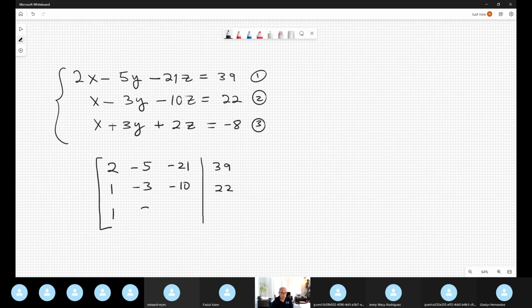Then 1, 3 positive, 2. Be careful with the sign. If you change one sign, it is a different problem. By the way, the dimension of this matrix is 3 by 4: 3 equations, 4 columns. And this is my matrix.